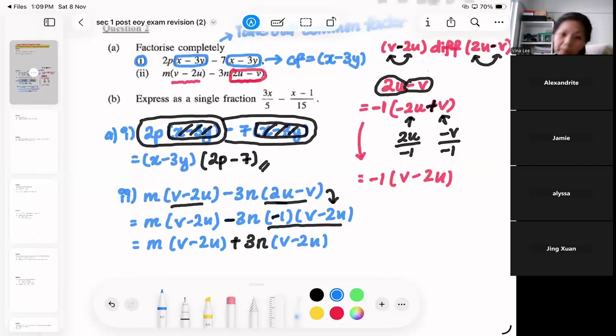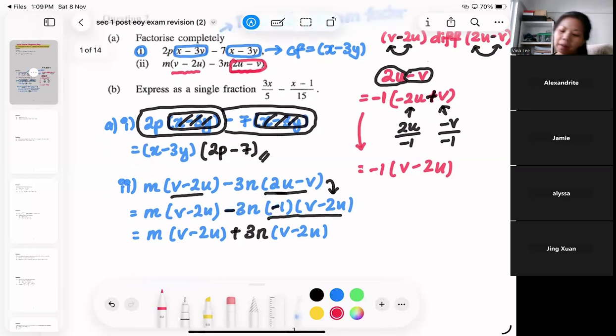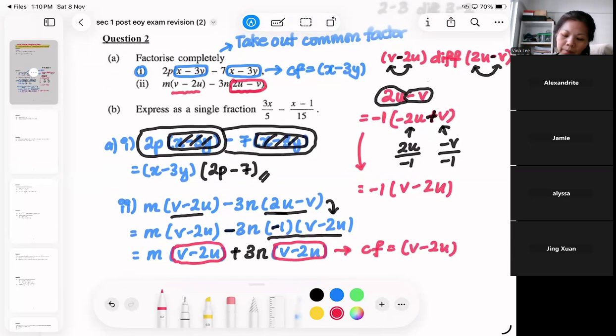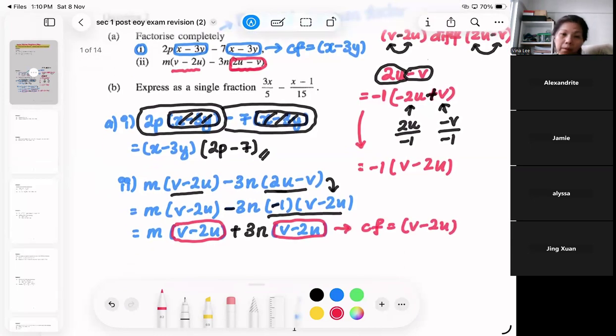Initially the two brackets are not the same, but after you factorize out the negative 1, you got the same bracket, which is the common factor.